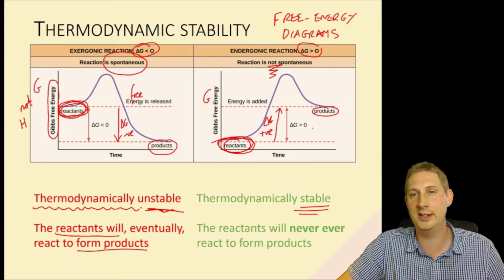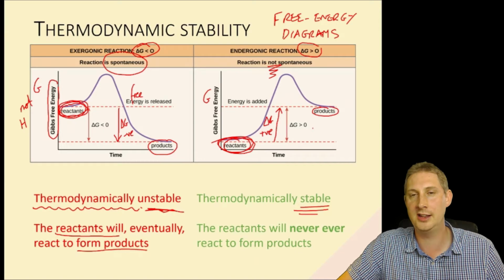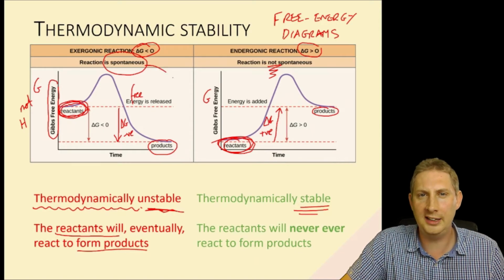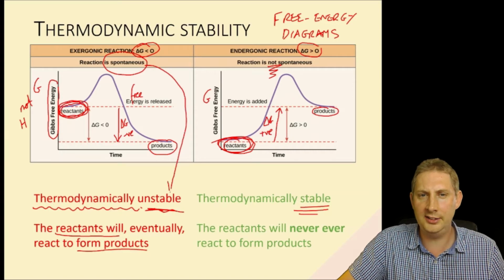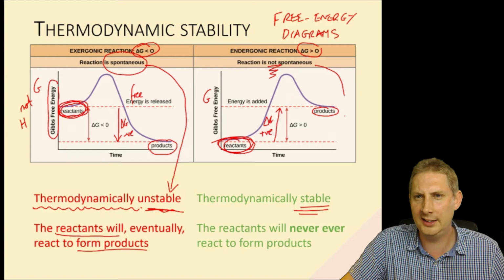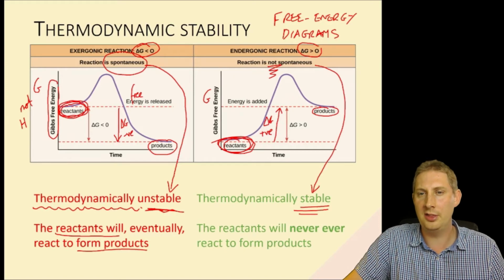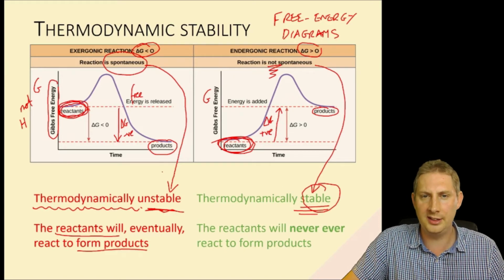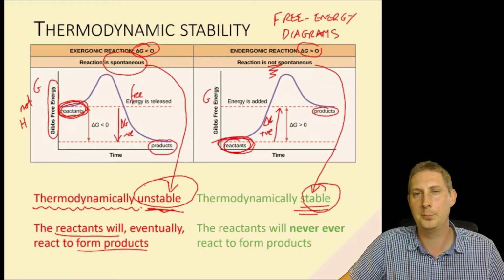There's an increase in free energy there. So a spontaneous reaction is unstable, but a reaction that is not spontaneous is stable. This won't fall apart, this will fall apart.